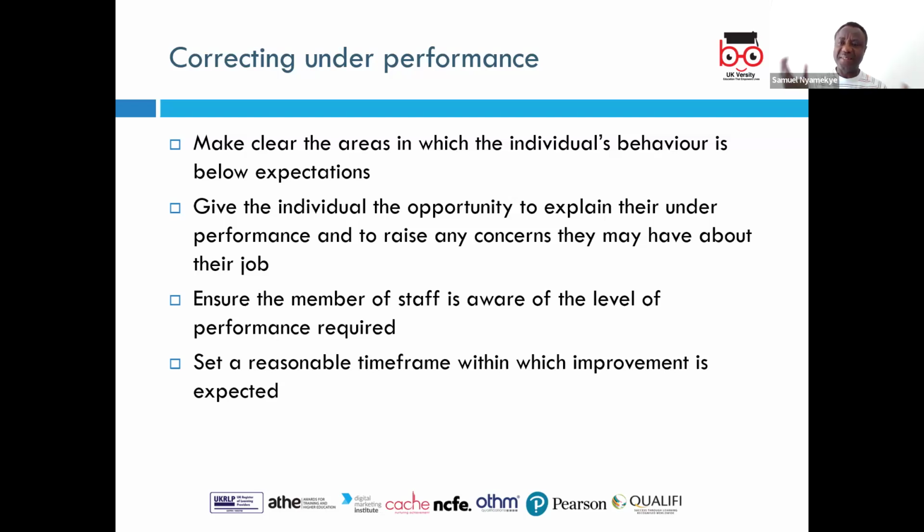You know, in a frank conversation. In the same way, you can also let them know the area that they have to improve. Give the individual the opportunity to explain their underperformance, and raise any concerns they might have about their job.